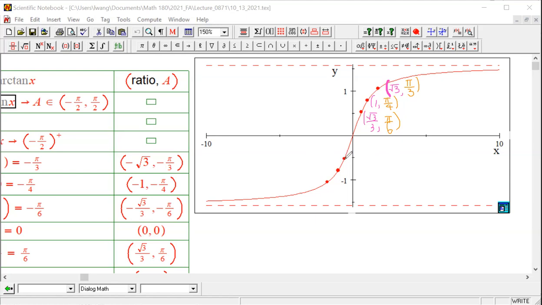This point is negative √3 over 3. And the angle is negative pi over 6, orange color. Negative pi over 6.